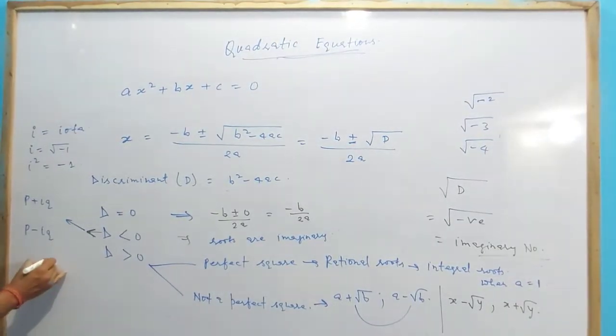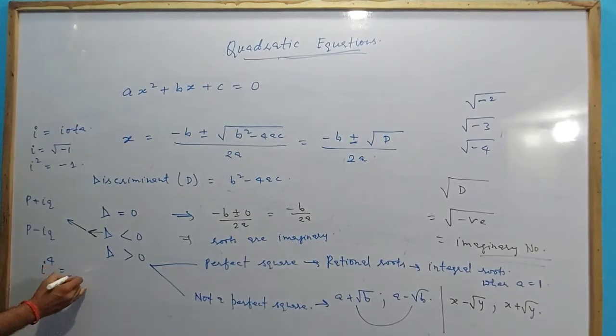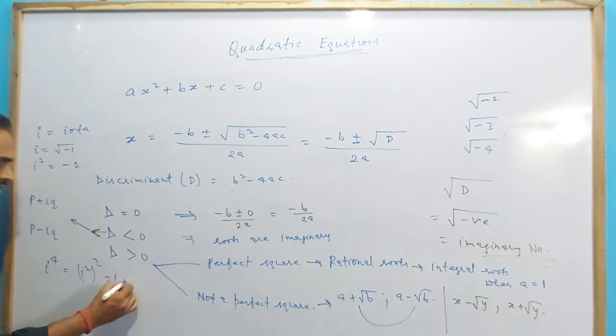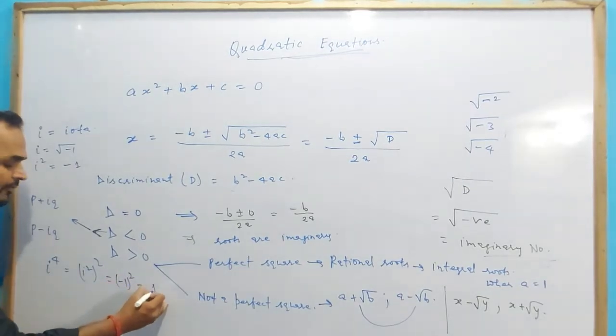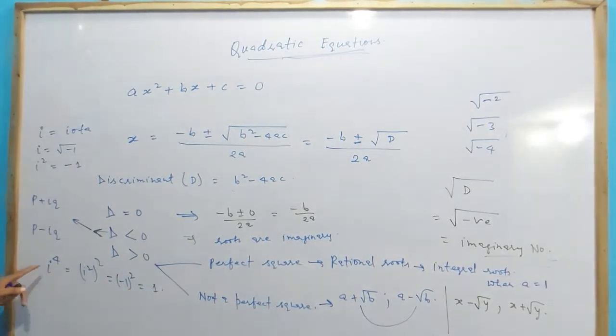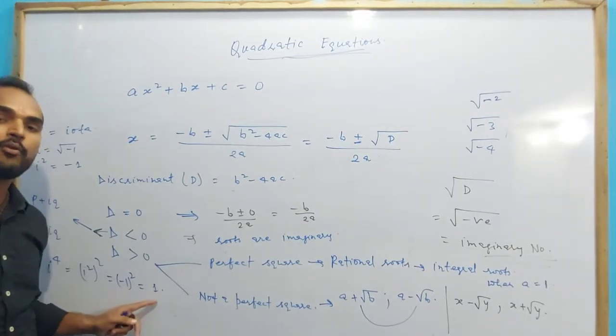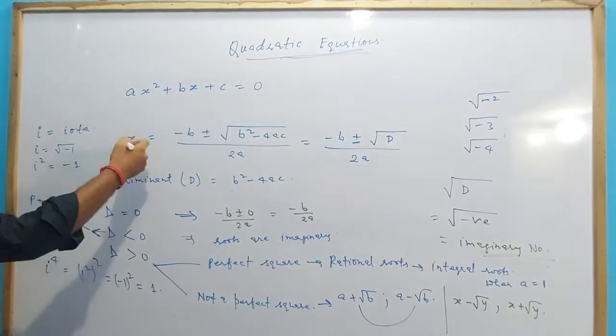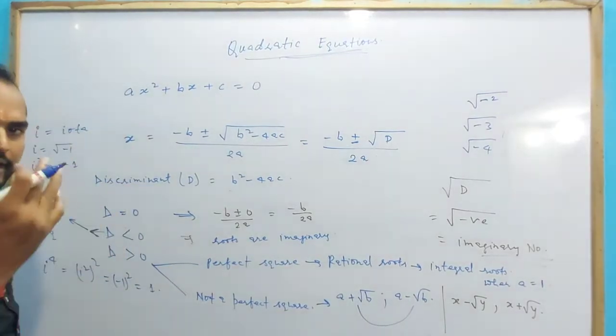Therefore, if I ask you the value of i power 4, it will be i square whole square, which means minus 1 square, which is 1. So i power 4 gives you a positive real number. i is iota, and it is used for representing imaginary numbers.